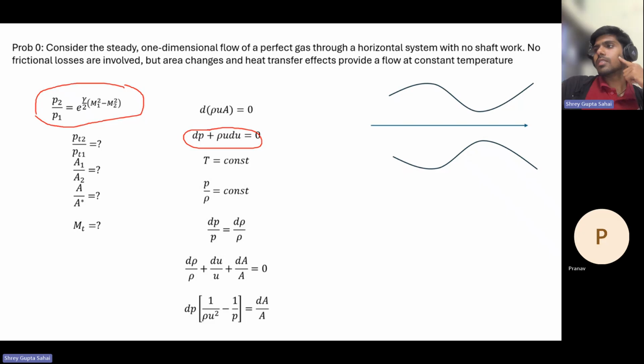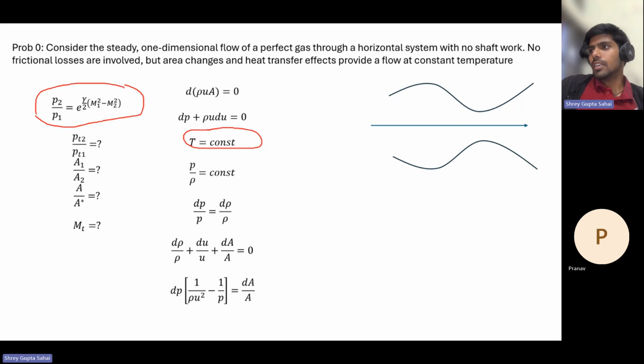Does anyone know how to proceed? I'm kind of missing how to proceed. Let me think about this problem. Meanwhile, if anyone has a suggestion how to proceed, we can discuss that.